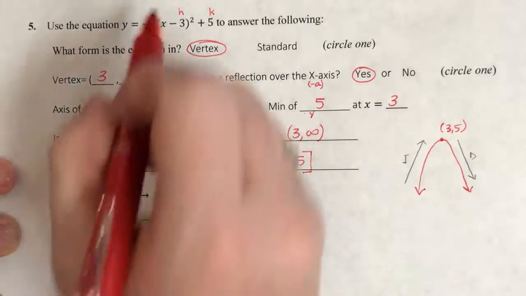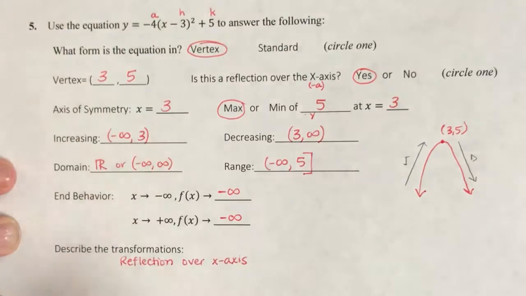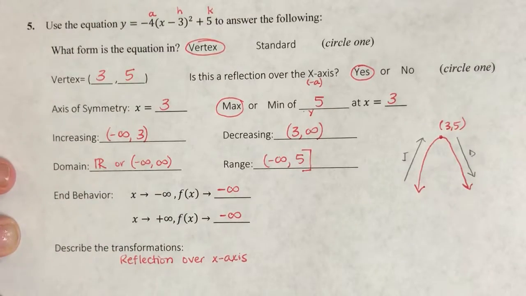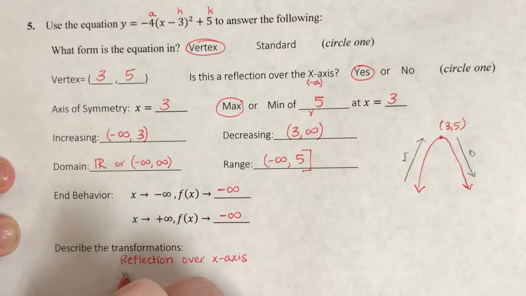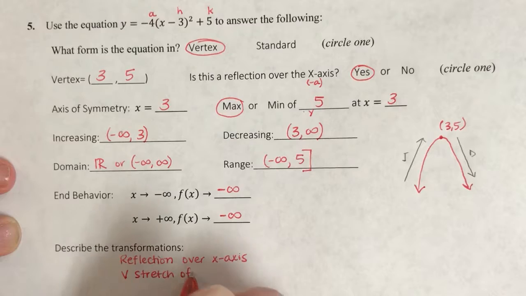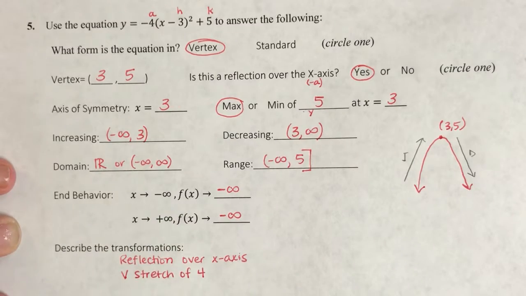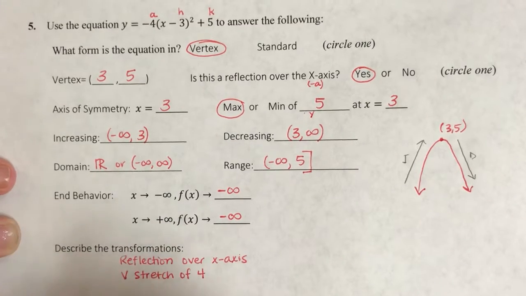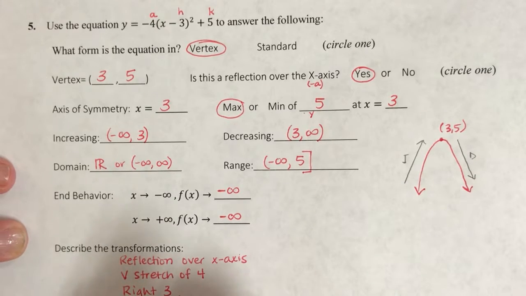The 4, that is the a value, will be a vertical stretch by a factor of 4. We are shifting to the right 3 and up 5.